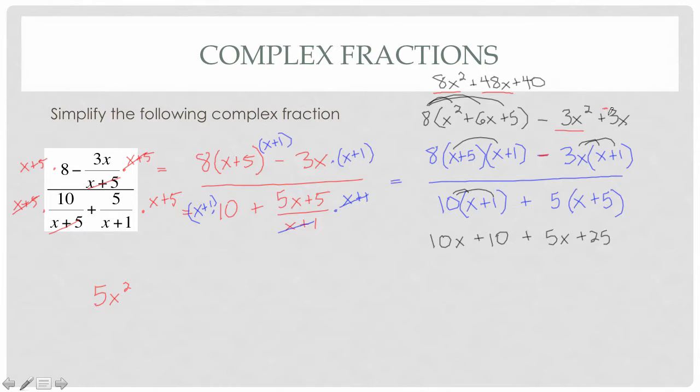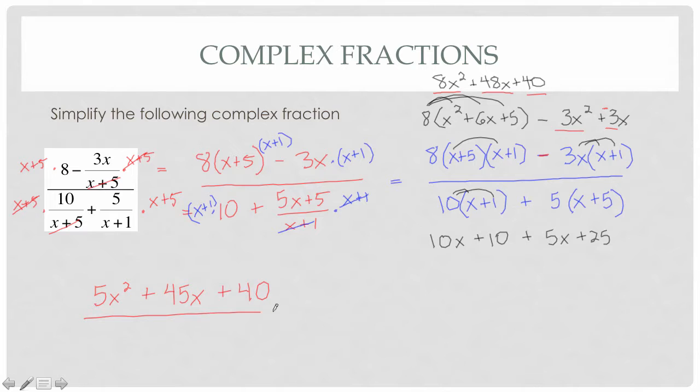So we got 8x squared minus 3x squared. Now I've got 48x, but I need to subtract that 3x, so that's going to be plus 45x. And I've got a plus 40 on the end right there, so plus 40. So that's what the numerator is simplified out into.